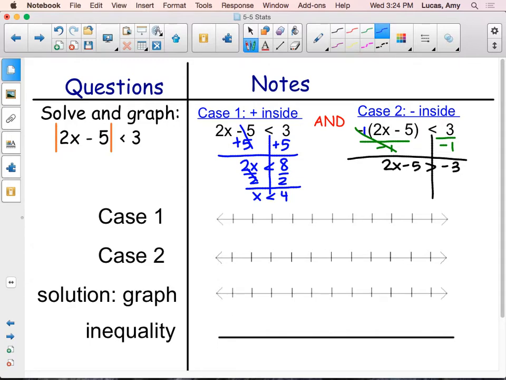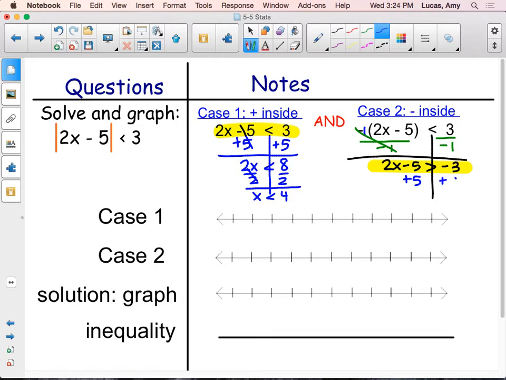If you want to compare this inequality to this one, there were 2 changes that took place. The inequality symbol flipped from a less than to a greater than, and the 3 changed to a negative 3. So if you're looking for a shortcut to figuring out your case 1 and case 2, that would be the shortcut.